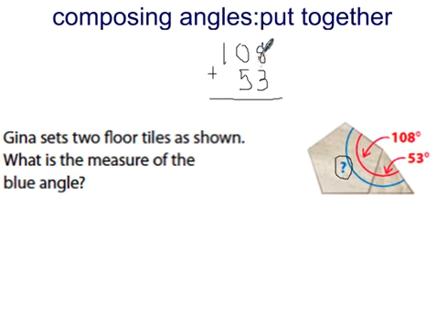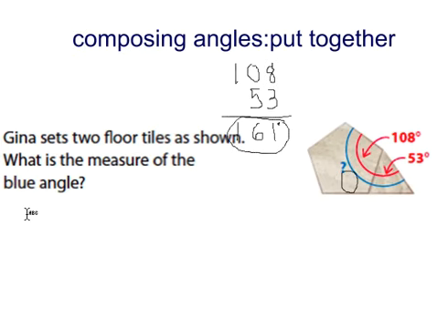Well, 8 plus 3: 8, 9, 10, 11. I can't put the whole 11 there, so I'm going to go ahead and regroup. 5 plus 0 plus 1 is 6. And bring down the 1. 161 degrees. Well, this is how I solved the problem, but this does not answer the question. In order to answer the question, I need a sentence.